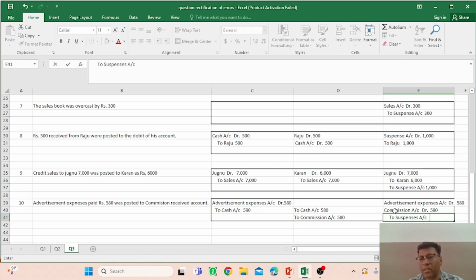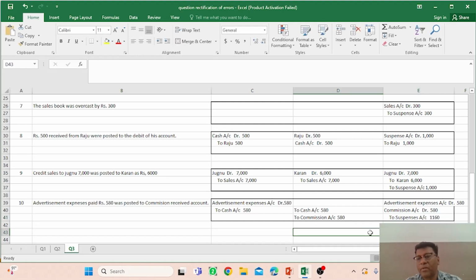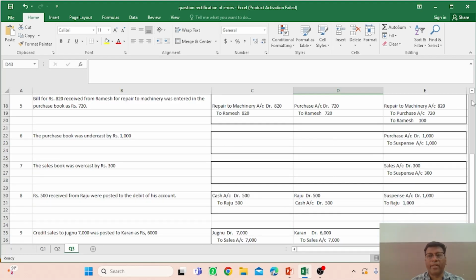Because you have to take the total, you have to double this amount of rupees 580, so 1160. So this is the transaction you have to make, and this is the way that you are rectifying the errors. So this was the numerical you can solve.